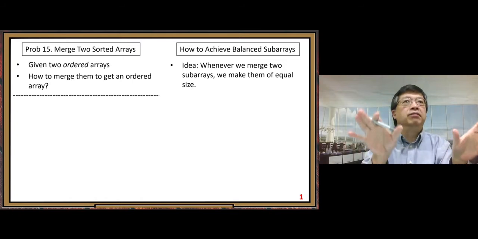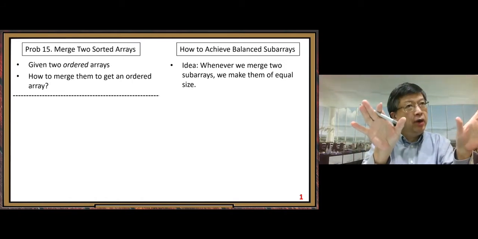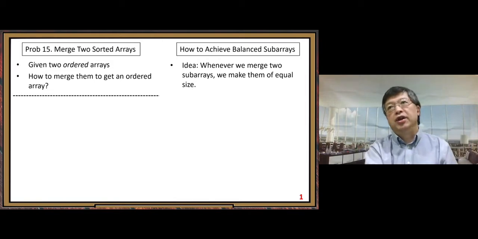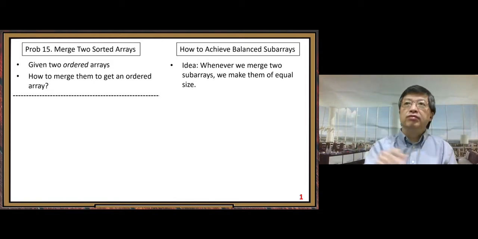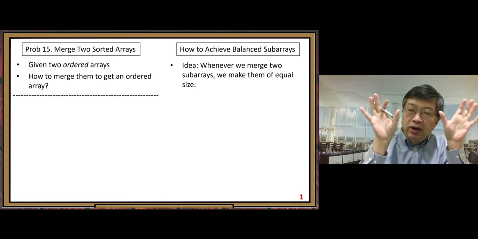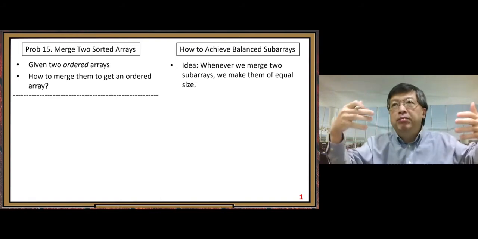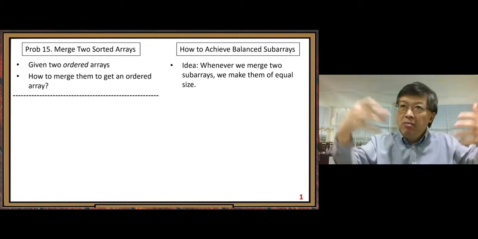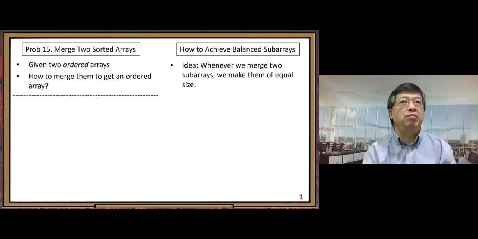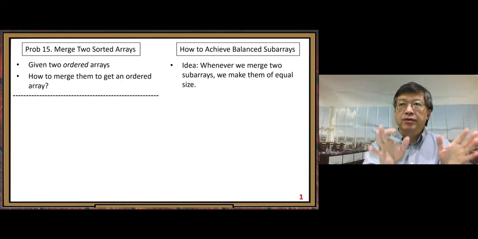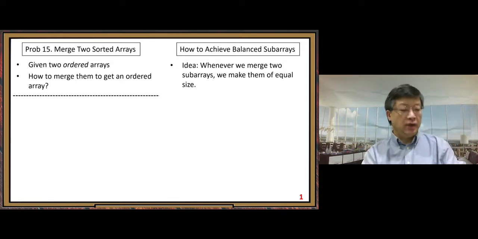Then the conquer step, where we call the function recursively. Then the last step, the combine step, that's our merge step. So that's the topic of this video, the merge operation.